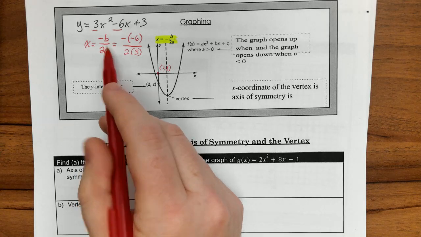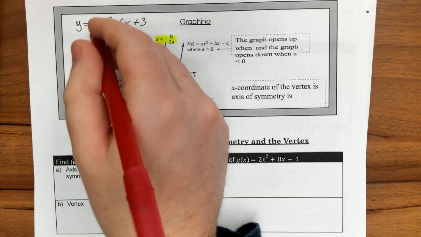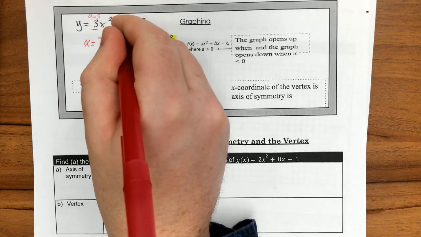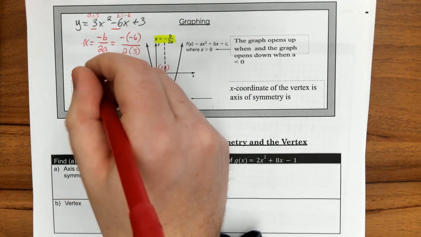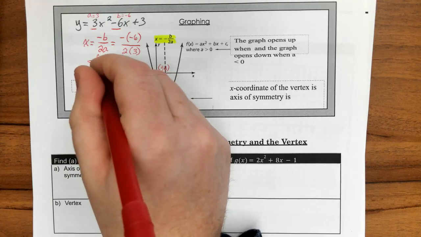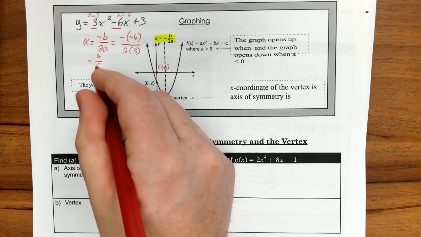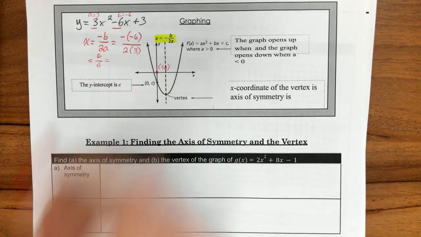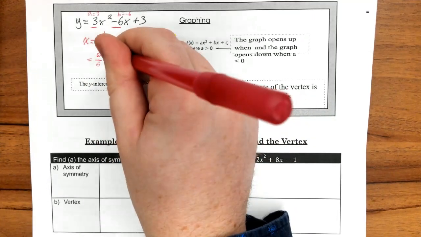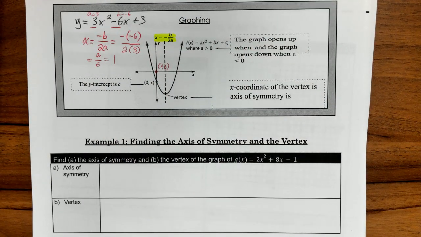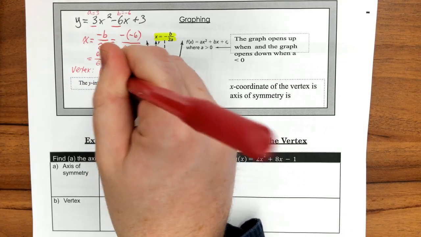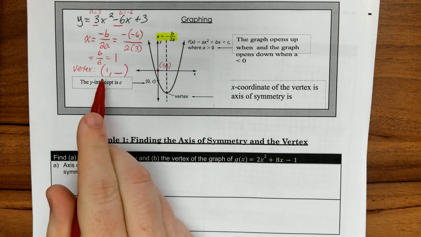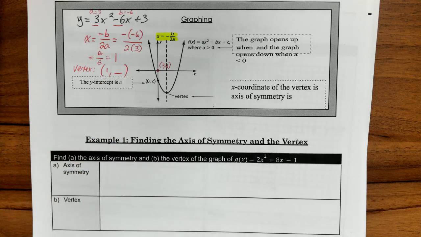So we just change this a into whatever the a value is. Since a is 3, we plug in a 3 here. What's negative negative 6? Well, that's just 6. What's 2 times 3? That's also 6. We just got to simplify. What's 6 divided by 6? And the answer is 1. So in this case, our vertex would have an x value of 1. And we're going to talk about what to do here in a moment to find the other coordinate.